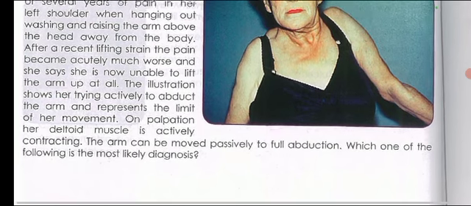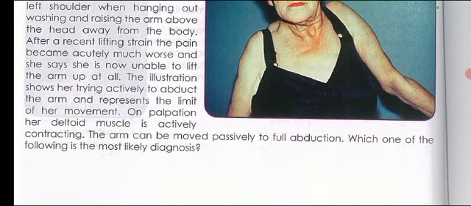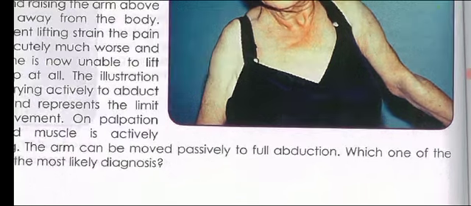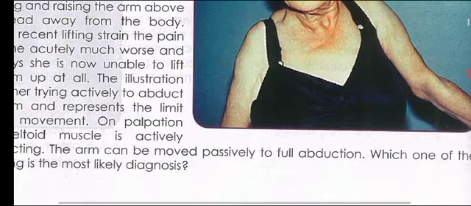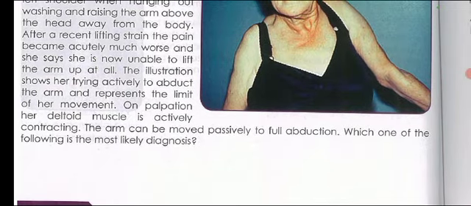The illustration shows her trying actively to abduct the arm and represents the limit of her movement. On palpation, her deltoid muscle is actively contracting. The arm can be moved passively to full abduction. Which one of the following is the most likely diagnosis?